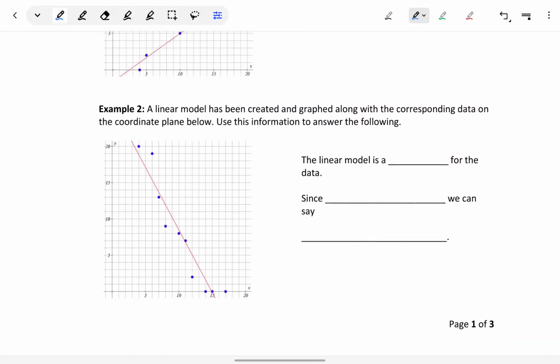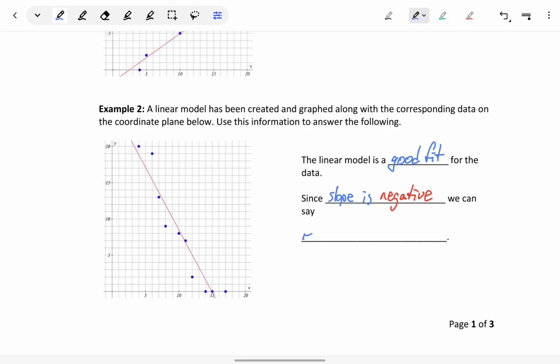In example 2, we again see a linear model that's a good fit for the data because that line follows pretty closely to the path those dots are plotting for us. But in this case, we see that the slope of that line is negative because the line is decreasing as we read the graph from left to right.